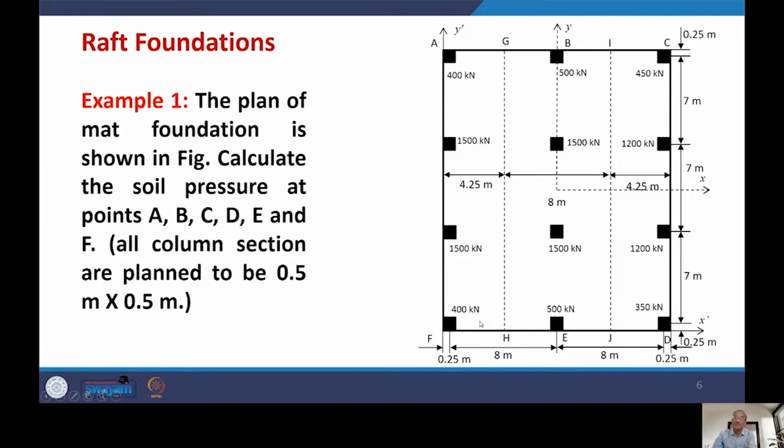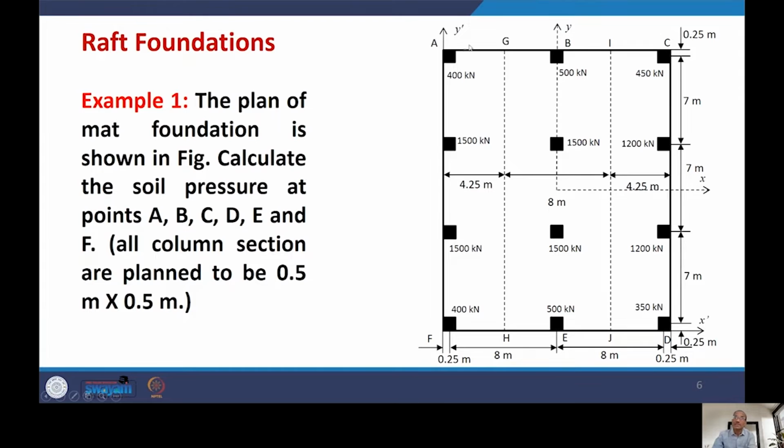The size of each column is also given, square columns of 0.5 meter by 0.5 meter. So the size of each column is the same, but the loads carried by these columns are not the same, and the locations are different, but it is quite symmetrical. You have 3 columns in one row, and there are 4 rows. So in total there are 12 columns here.